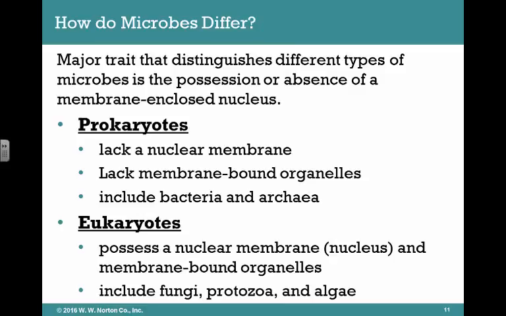They have a nucleus bound by a double lipid bilayer called the nuclear envelope, and they have internal membrane-bound organelles such as the endoplasmic reticulum, Golgi, lysosomes, vacuoles, endosomes, etc. So review these. I'll expect you to know those differences between prokaryotes and eukaryotes. These include microorganisms such as fungi, protozoa, algae, and helminths.